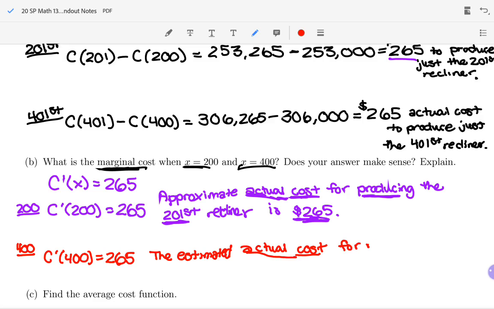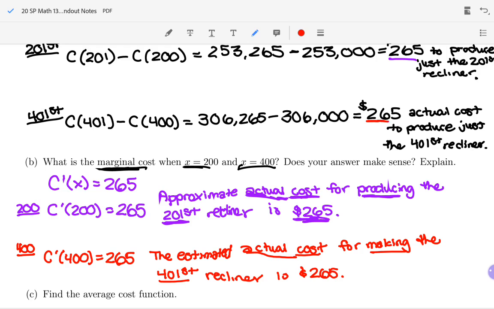And I would say for making the 400 first, always the next unit, so 400 estimates the 400 first. Recliner is $265. There's our interpretation.